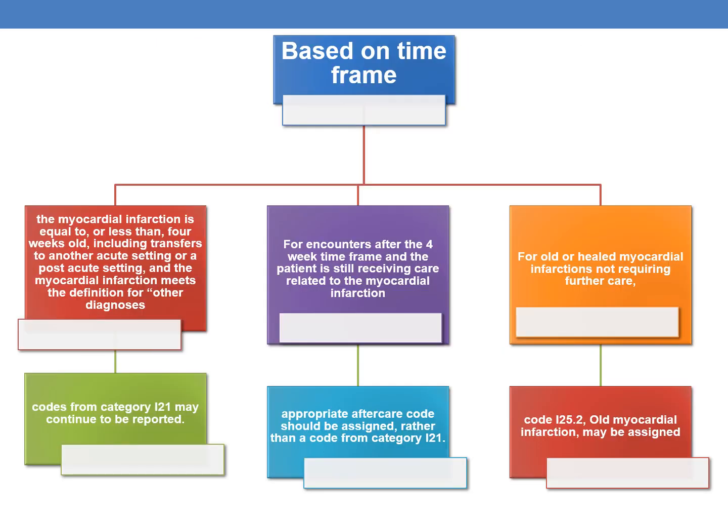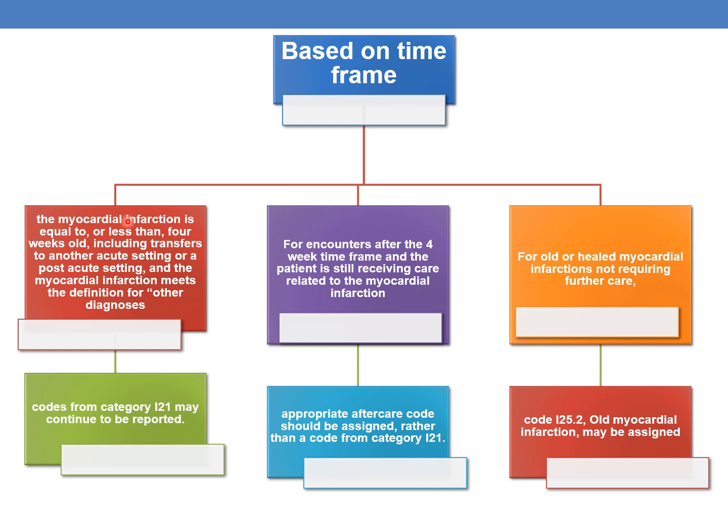The next scenarios are based on the time frame. We know that the encounters which address the myocardial infarction that is equal to or less than 4 weeks old, including the transfer to another acute setting or a post-acute setting, the myocardial infarction meets the definition for other diagnosis.